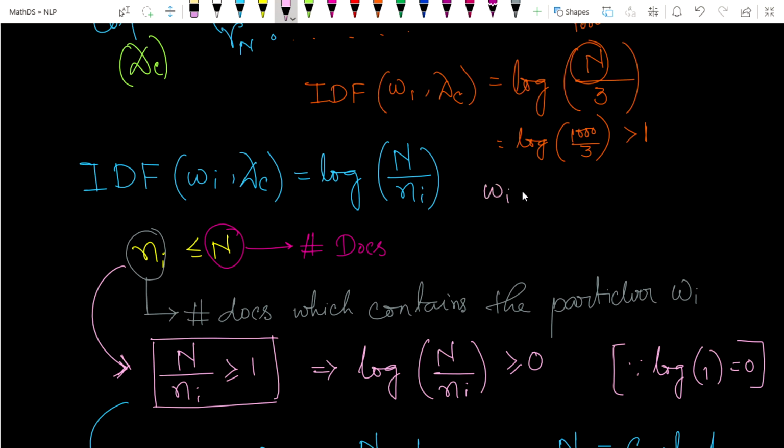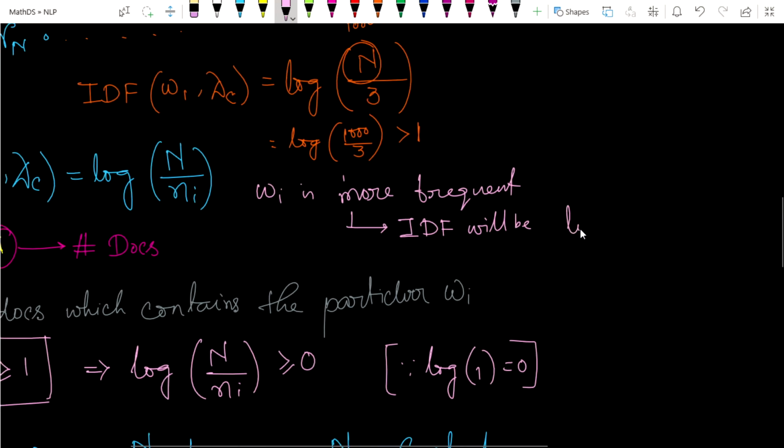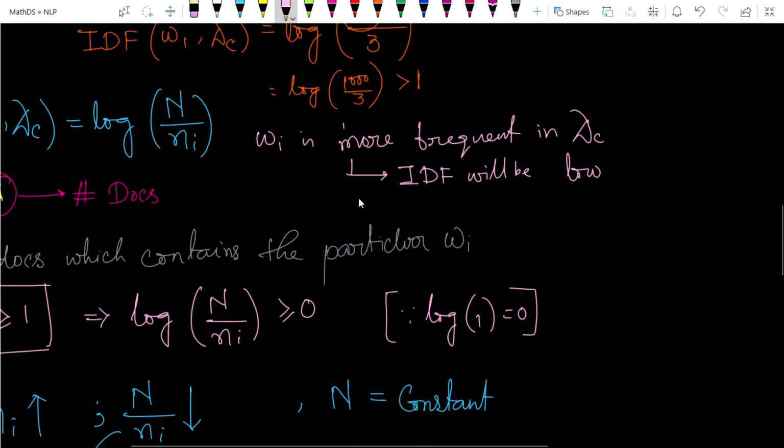If wi is more frequent, IDF gives less importance, meaning the IDF value will be low, when wi is frequent in the data corpus Dc.